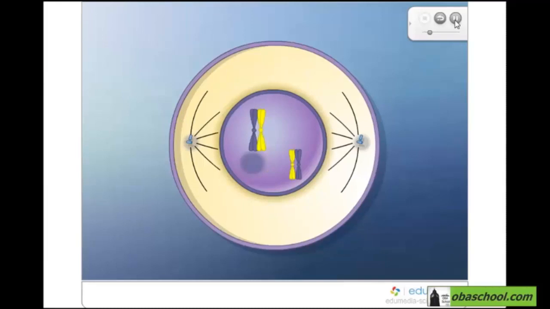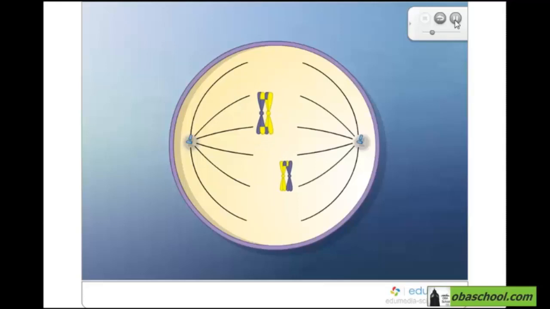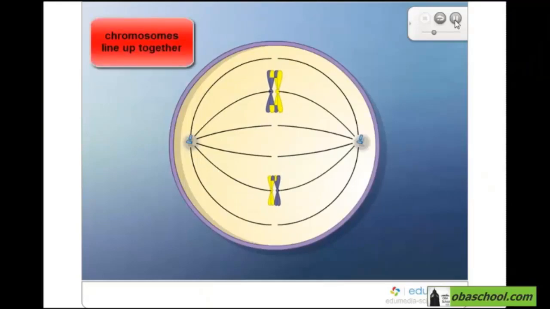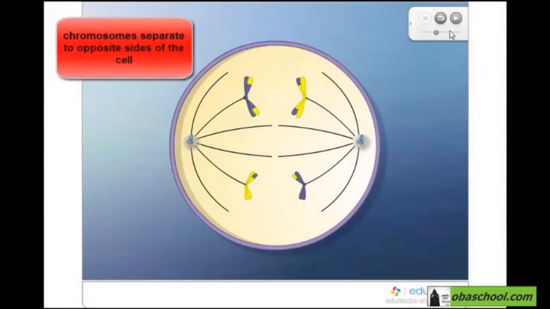So the next step is that homologous pairs will arrange together at the equatorial plate. They will line up together, and each chromosome of the pair of chromosomes will separate to one side of the cell.